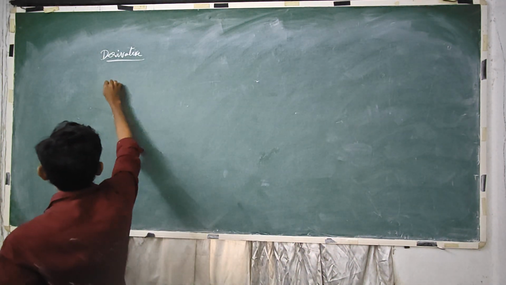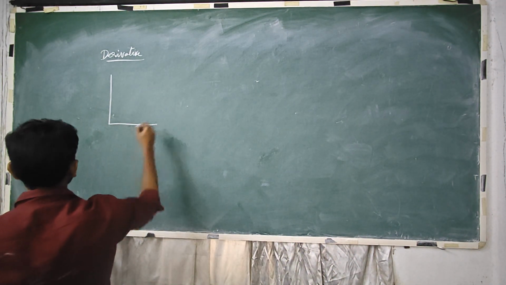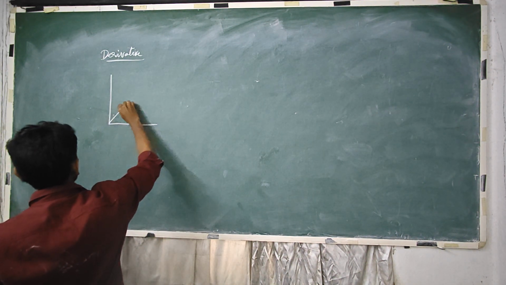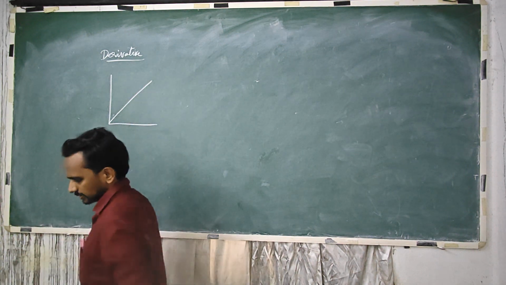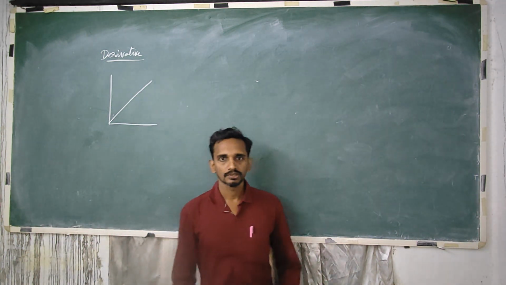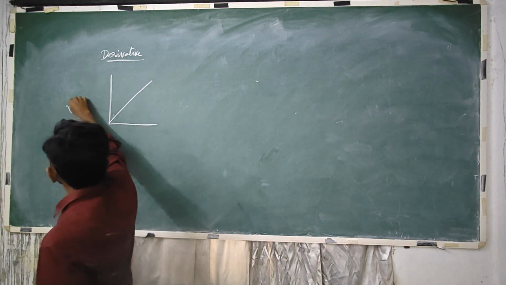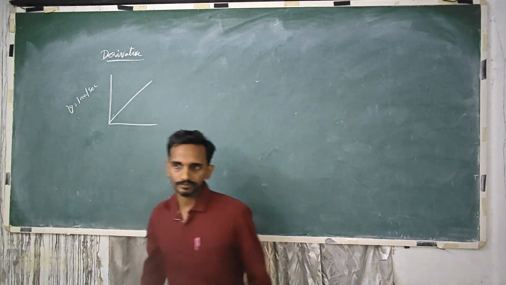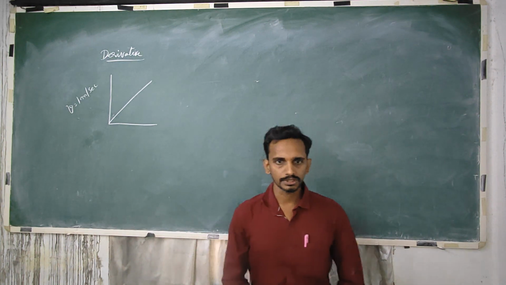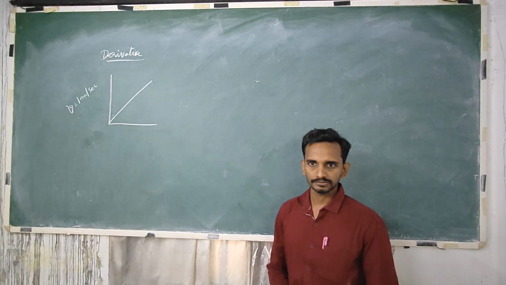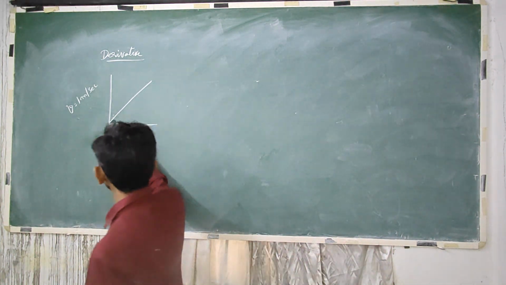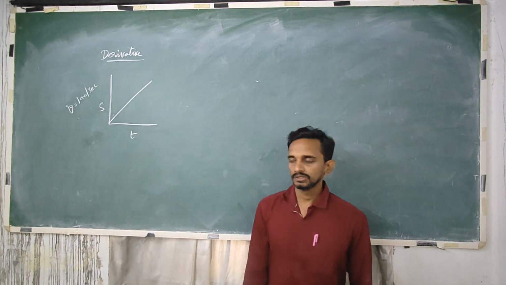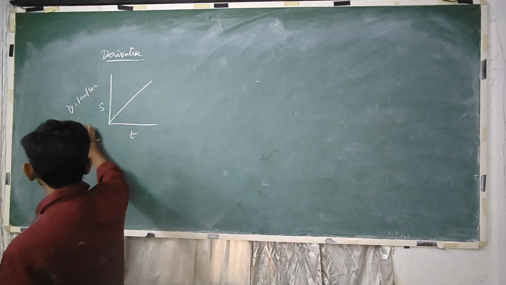Okay, so let's say an object is moving with constant velocity, V is equal to 1 meter per second. What happens to its displacement as a function of time, if you draw the displacement curve?